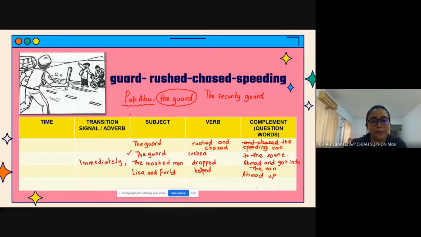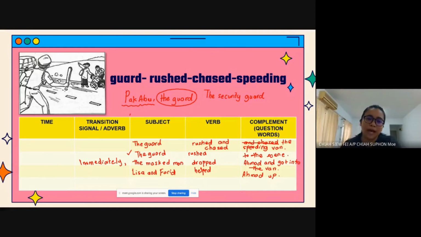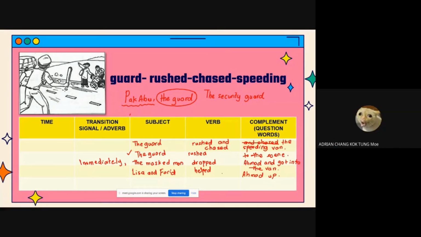You think about how Ahmad must be feeling at that moment. What do you think he's feeling? Dizzy. How do you feel if you are about to be kidnapped? Scared. Angry. He can feel very scared and surely will cry and shout for mommy.